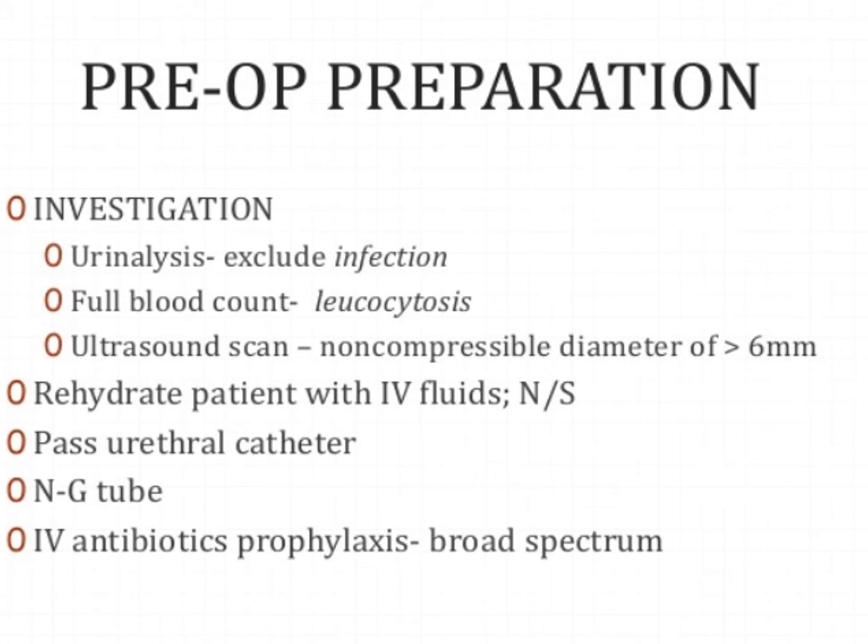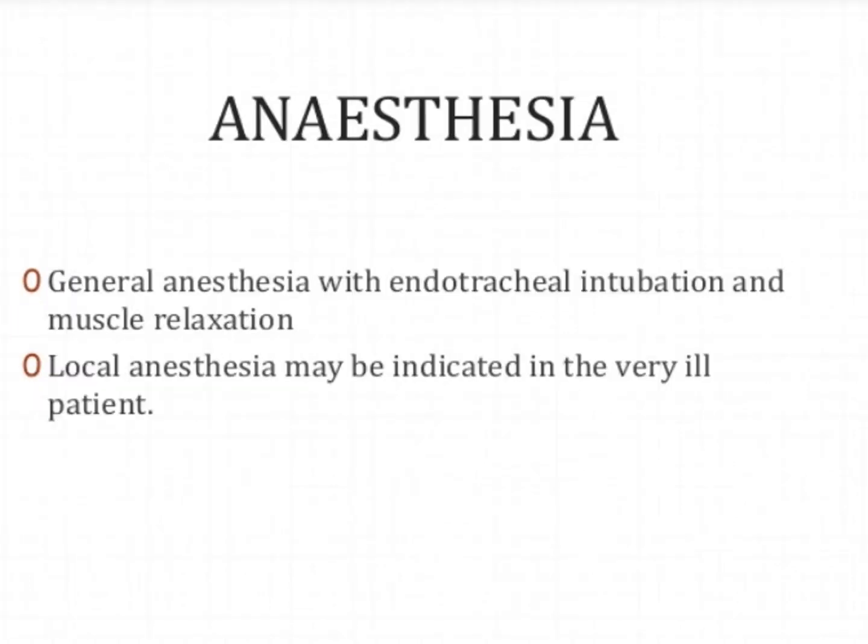If there is vomiting present, then IV antibiotic prophylaxis is given just before the surgery. It can be performed under general anesthesia if performed laparoscopically, and if performed by open technique, it can be performed under spinal anesthesia.